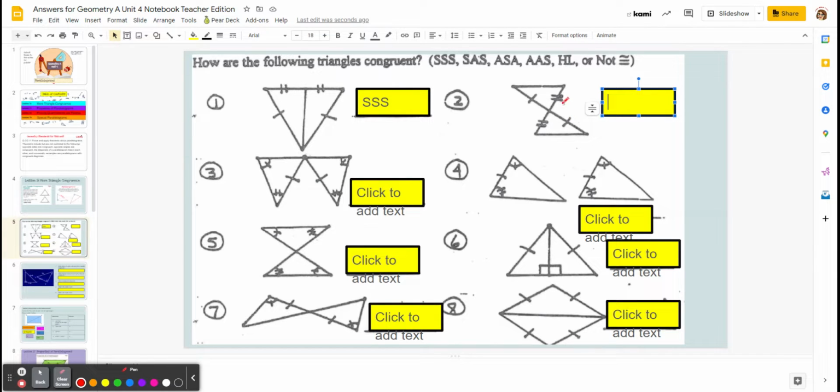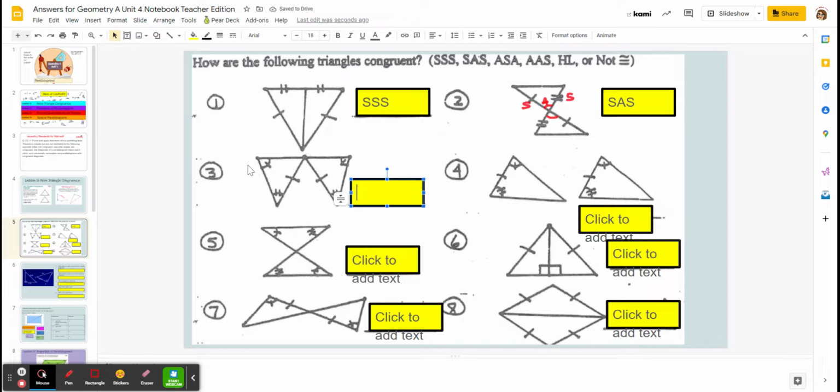The other thing we do have is the angle in between. Those are vertical angles, so we know they're congruent. So we have side, angle, side. Side, angle, side for number 2.